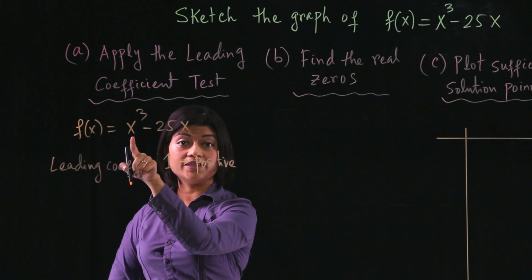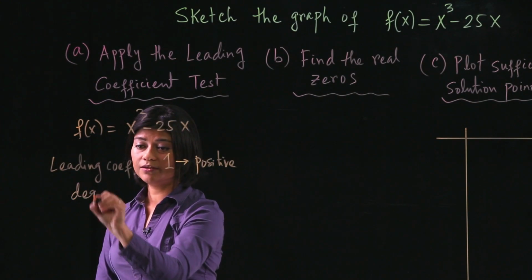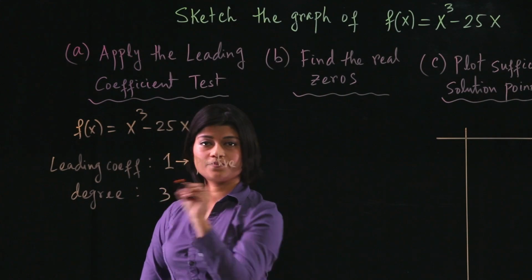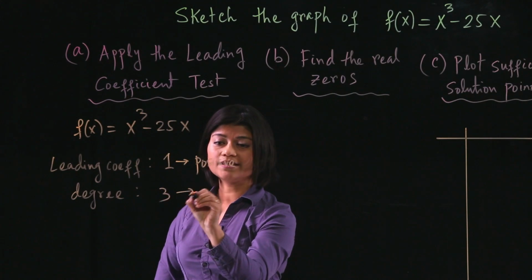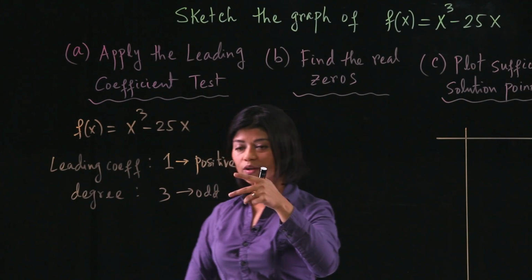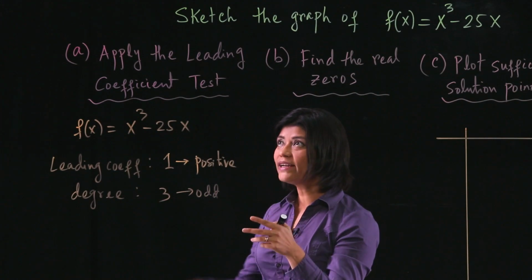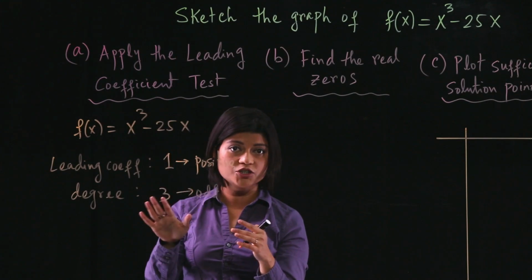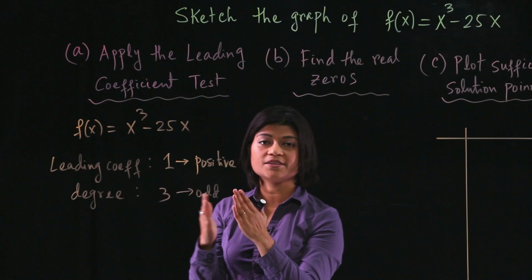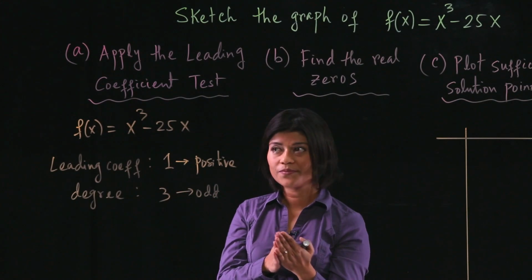Also, note that the degree of this polynomial is 3, which means this is an odd degree polynomial. So those two facts will help us determine what is happening to this function when x is approaching negative infinity and x is approaching positive infinity.